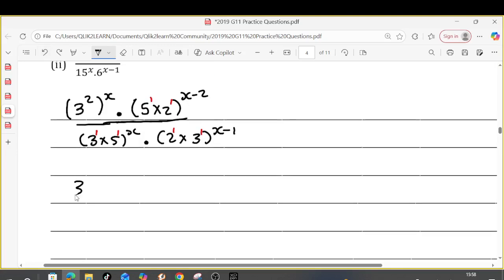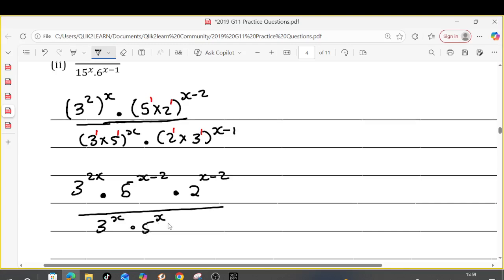This will give us 3 to the power 2x times 5 to the power 1 times x minus 2. We are multiplying out the exponent times 2 to the power x minus 2. And everything is divided by 3 to the power x times 5 to the power x times 2 to the power x minus 1 times 3 to the power x minus 1.